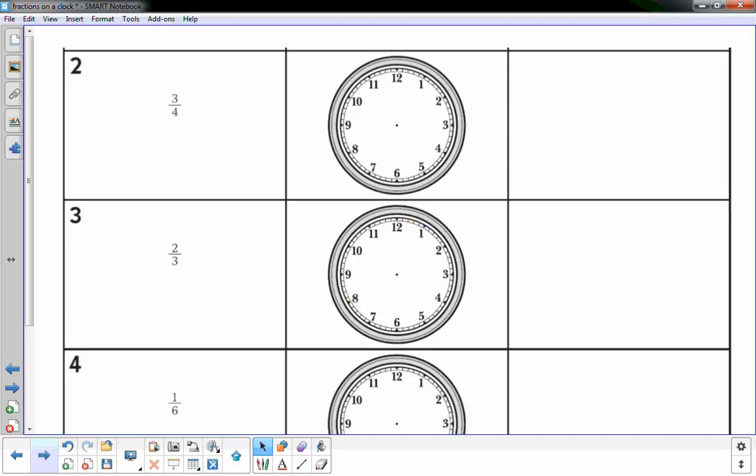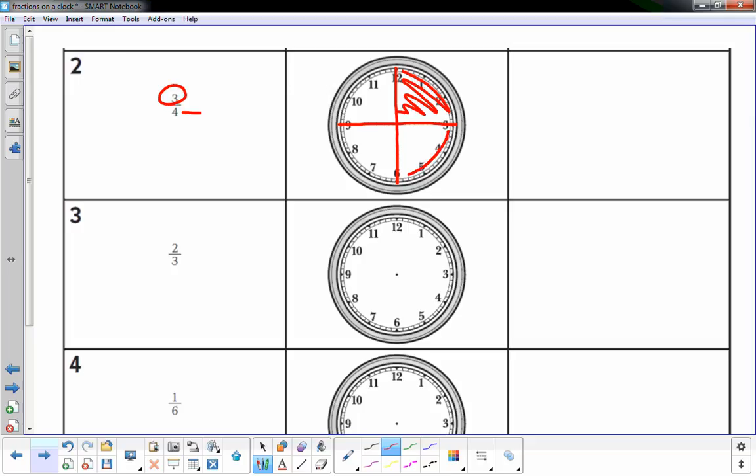Number 2, 3/4. I'm going to break this up into 4 equal parts. Easiest way to do it is to cut it in half and then cut it in half another way. And then I'm going to shade in 3 of the 4. 1, 2, 3.